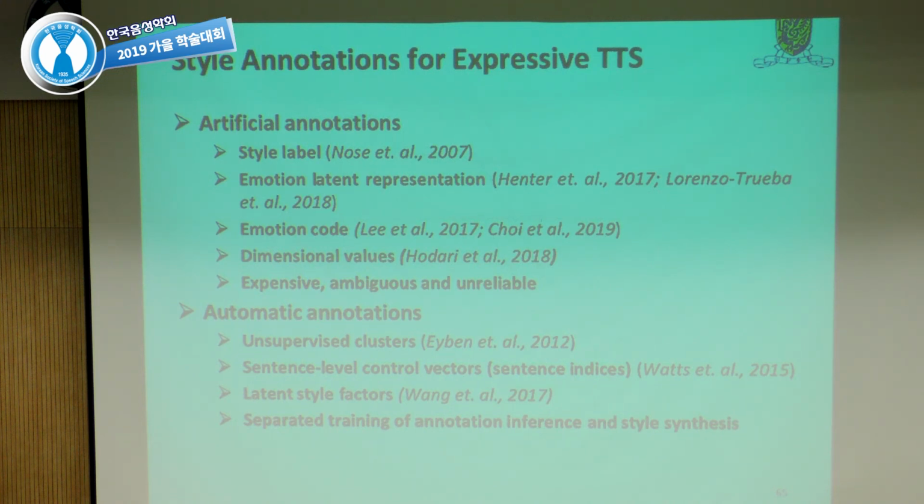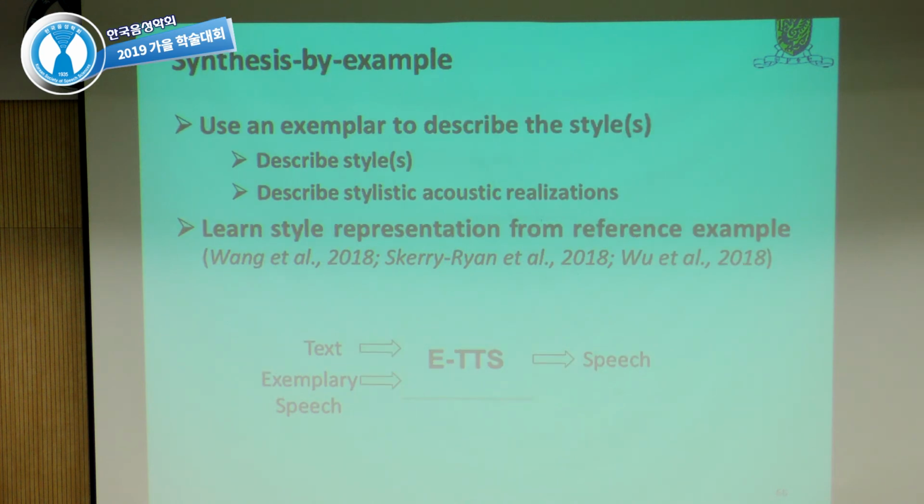It's a separated chain. So it's desirable to combine these two together, and also to use an unambiguous method to specify those styles, unlike specifying the emotion. So how can we do it? Now the normal method is trying to use an exemplar to describe the style.